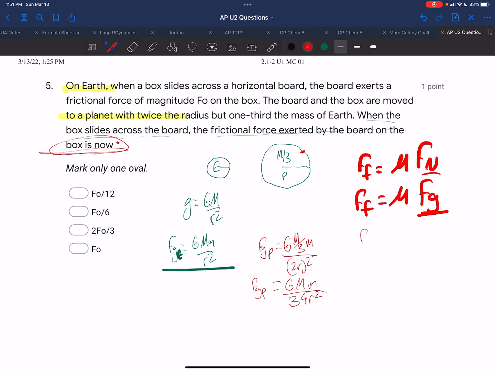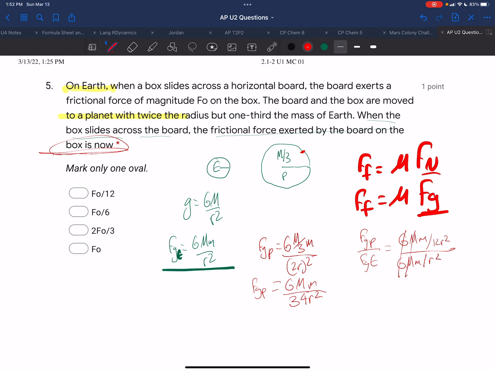So if we calculate a ratio, the force of gravity of the planet to the force of gravity on Earth, we have G big M little m over 12r squared. And for Earth, it is big G big M little m over r squared. Universal gravitational constant cancels.